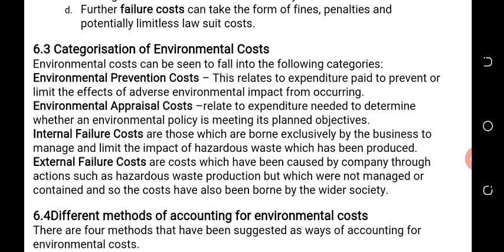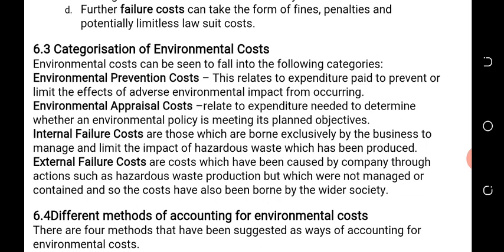Categorization of environmental costs. How can you categorize environmental costs? Environmental costs can be categorized into four major headings. One, environmental prevention costs. What are those costs that are related to environmental prevention?